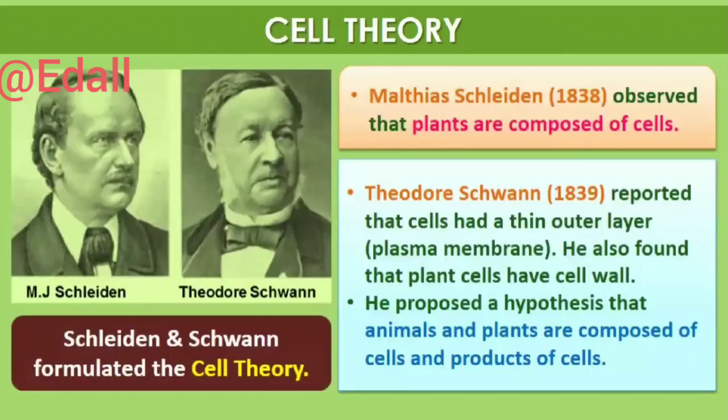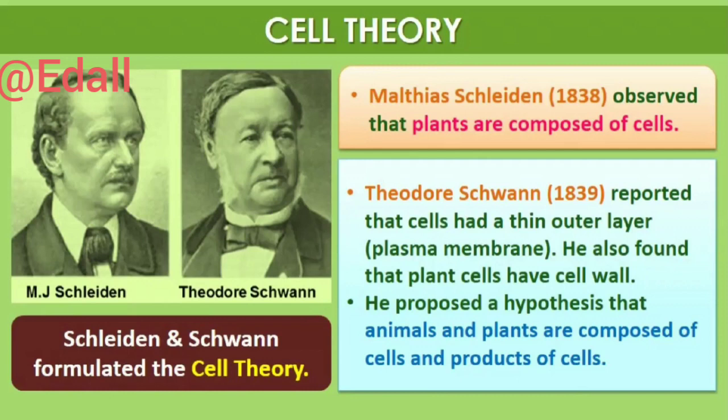8.2 Cell Theory. In 1838, Matthias Schleiden, a German botanist, examined a large number of plants and observed that all plants are composed of different kinds of cells which form the tissues of the plant. At about the same time, Theodor Schwann, 1839, a British zoologist, studied different types of animal cells and reported that cells had a thin outer layer which is today known as the plasma membrane.